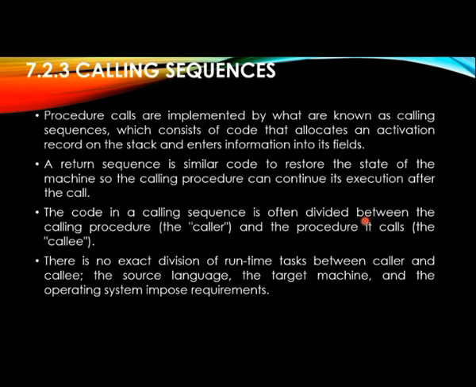Procedure calls are implemented by what are known as calling sequences. That means whenever we implement procedure calls, how that programming language code allocates an activation record on the stack, and how the activation record fields are filled into the stack. That process is known as the calling sequences.